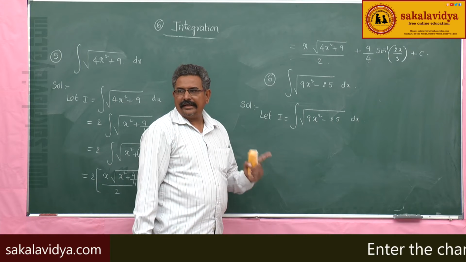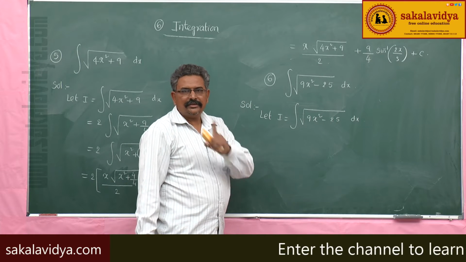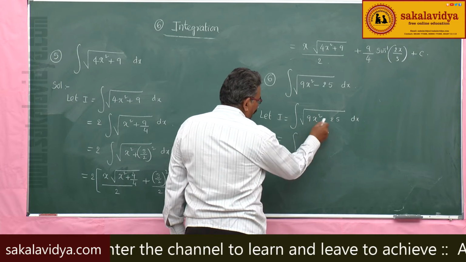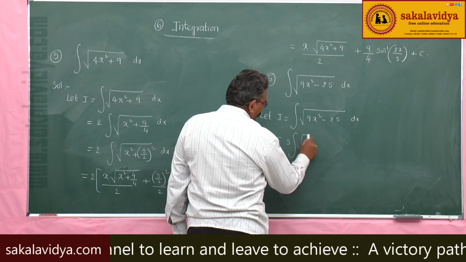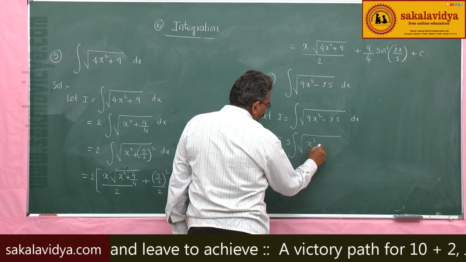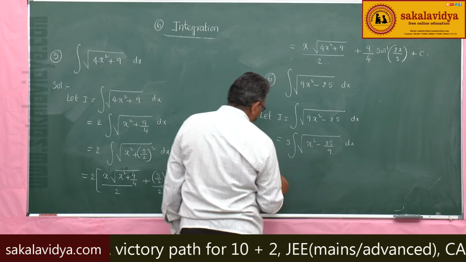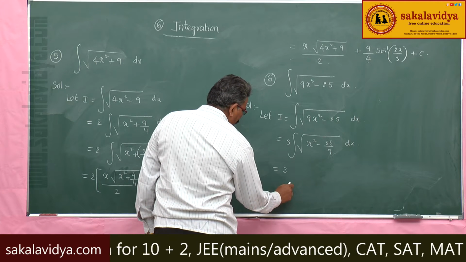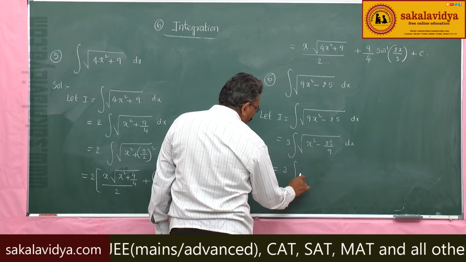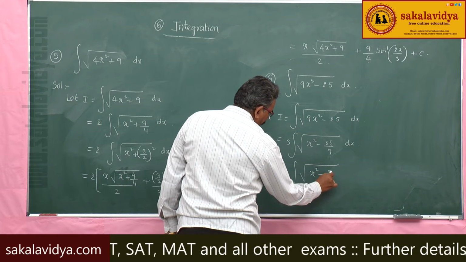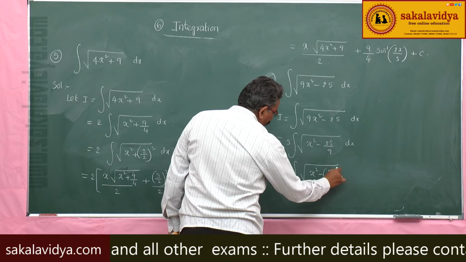Let us make the x square coefficient unity. So, taking 9 common, you get 3 times root of x square minus 25 by 9 dx, that is 3 times the integral of root of x square minus (5 by 3) whole square dx.